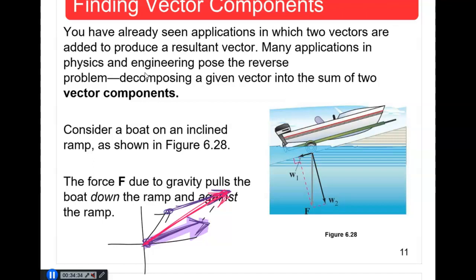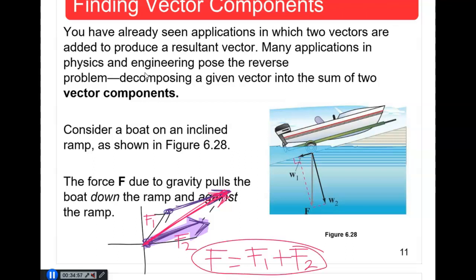So that is if I was to add, let's say this is force 1 and this is force 2, and we want to find this thing called the resultant force, it will be the addition of F sub 1, the first vector or the first force, plus the second force or the second vector. That is a very common question. You will have it in your homework for section 6.3.